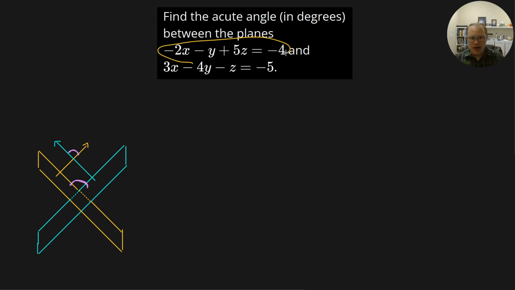So we can easily find the normal vectors for the two planes. For the first vector here, the normal vector, just take the coefficients of the variables. I get -2, -1, 5. Right? And for the second vector, the coefficients give me the components of the normal vector, so I get 3, -4, -1.